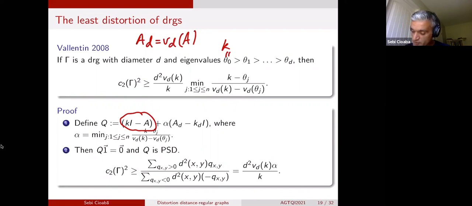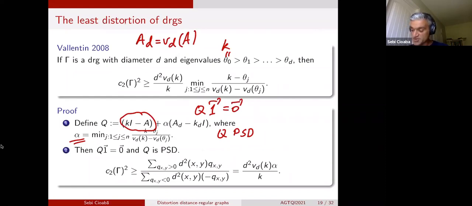And you have to pick alpha such that the conditions are satisfied. Actually one: you need Q to be positive semi-definite, because you've chosen Q as a linear combination of kI minus A and A_D minus k_D I. He gets Q times the all-ones vector equals 0 immediately for free.